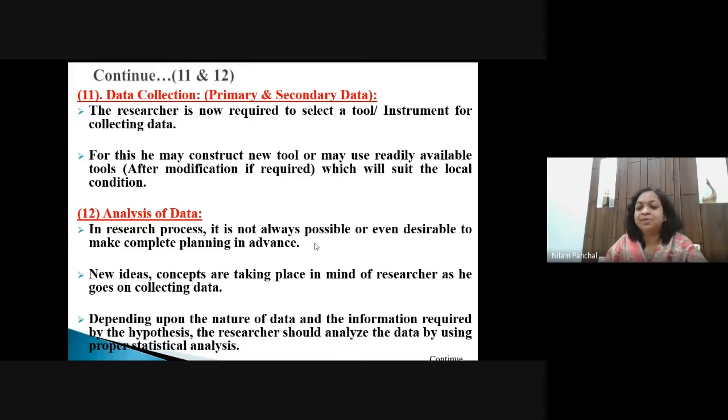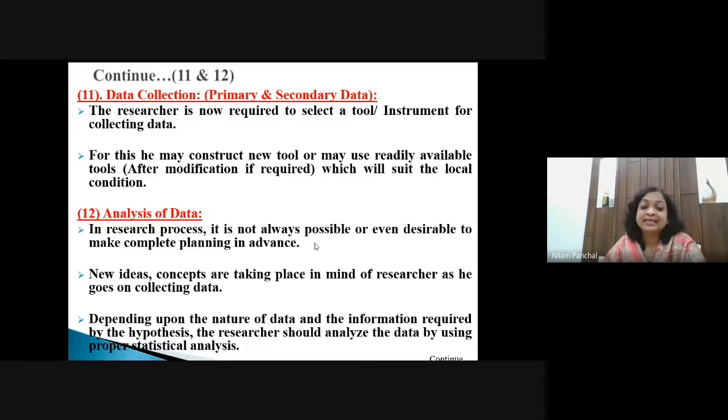For example, you are taking a readily available tool, maybe a well-structured, well-designed model questionnaire given for a specific topic, that can be used by you. You can modify it to suit the local condition, and then you can add a new tool in that, right? So that is data collection, primary as well as secondary data.